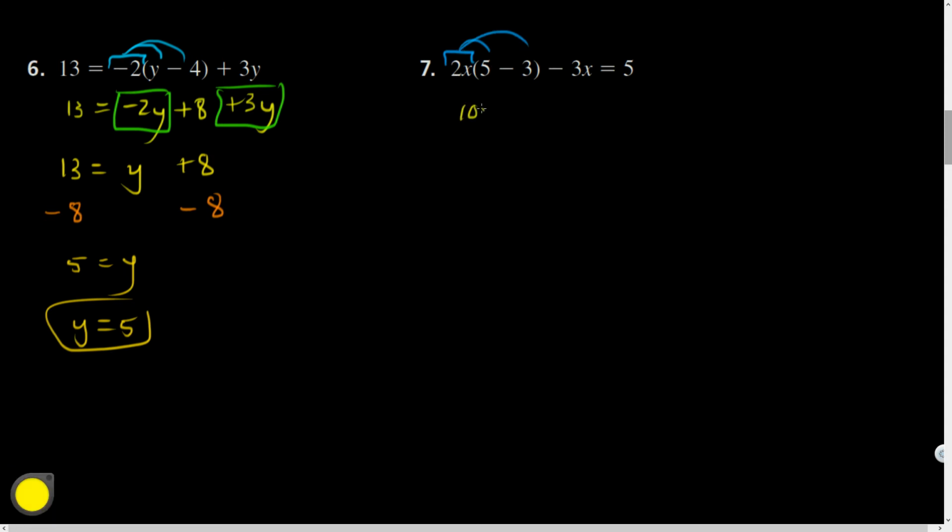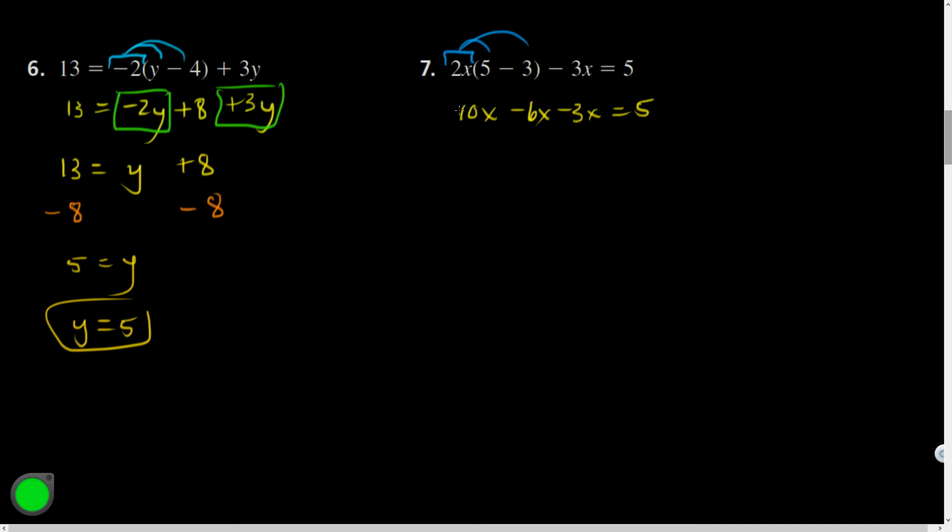2x times 5 is 10x. 2x times negative 3 is negative 6x. So look at this. This x got carried through to each of those. You see that? But the numbers in front was just a result of 2 times 5 and 2 times negative 3. Oh, guys, this is so cool. Look at all these like terms.